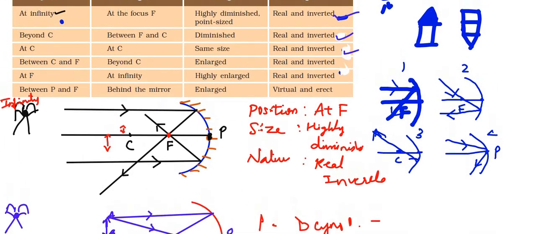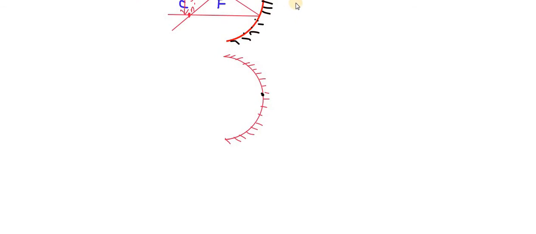Next rule. Now we need to place the object between F and C. For that we'll draw the ray diagram. Take the line, draw the line.